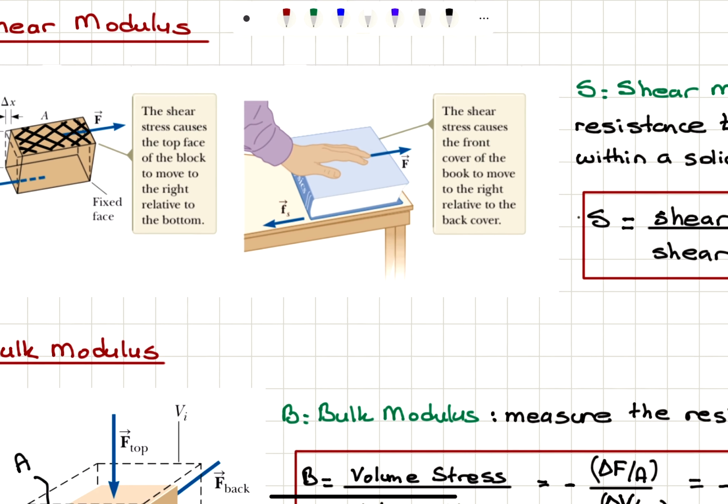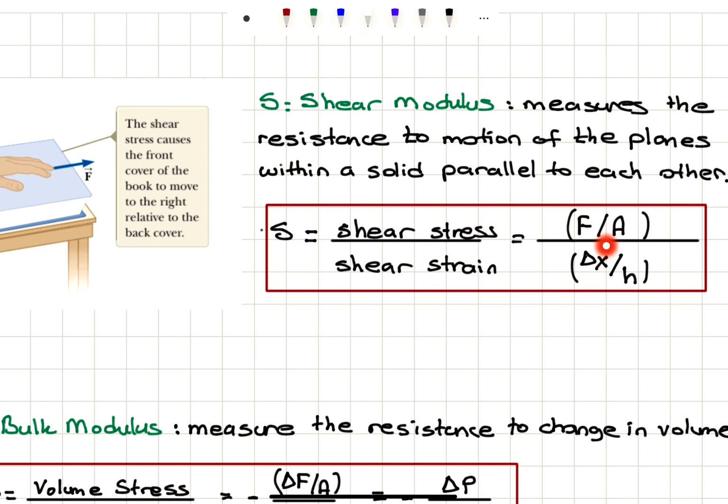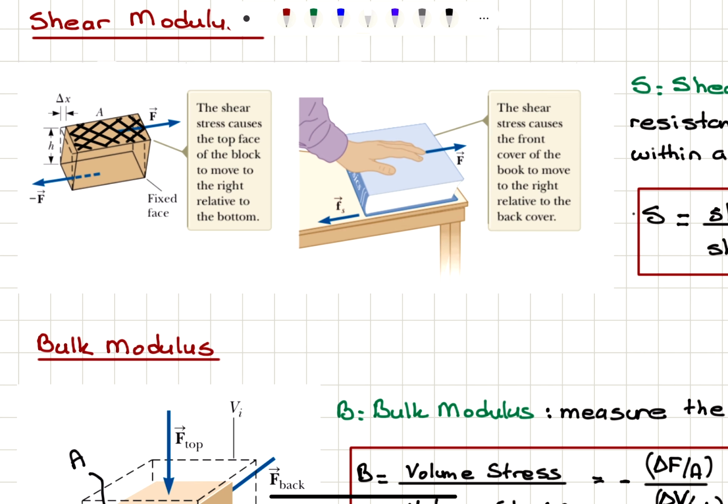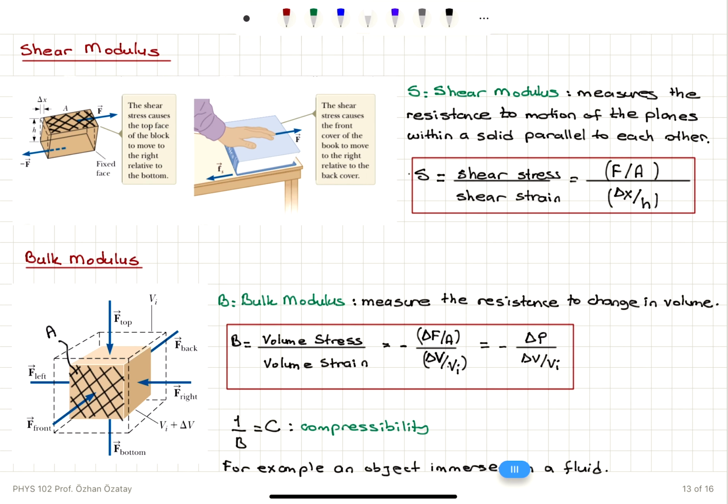So that is this scenario here. We have a force couple. And the force per unit area of that plane is the shear stress, and shear strain is the relative motion of these two planes, the amount of the relative displacement of the two planes, delta x, divided by the distance between the planes, which is h. So delta x divided by h is the shear strain.